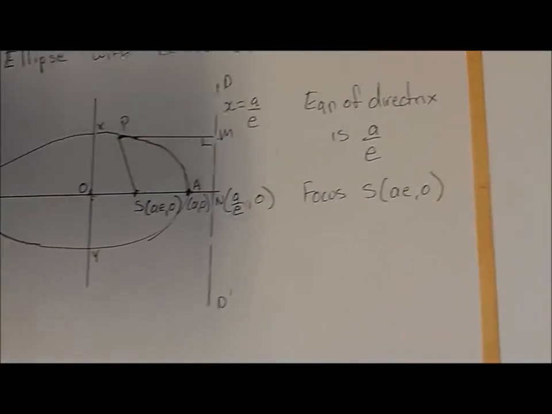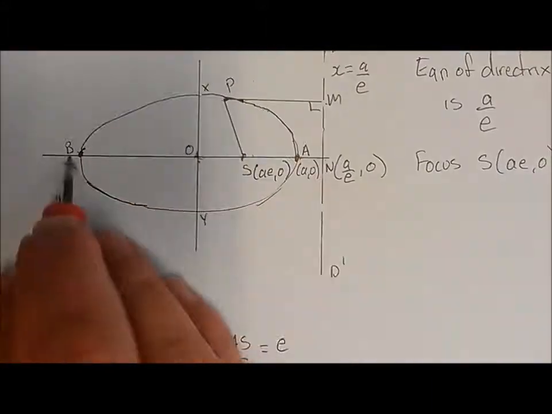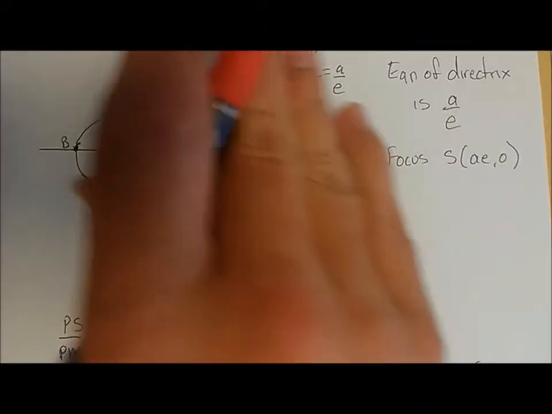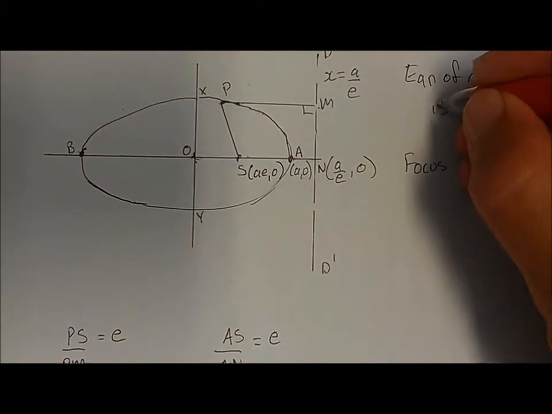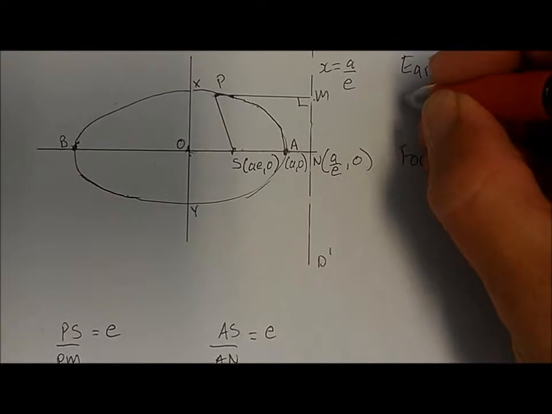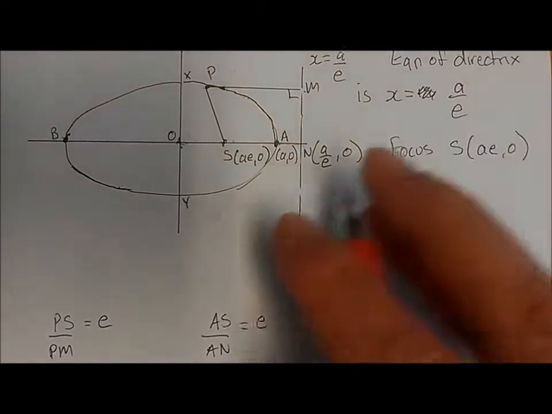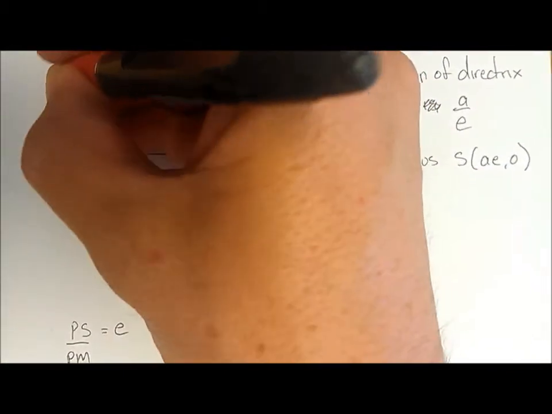Now, the ellipse has a nice little symmetrical property. So whatever's happening on this side, the same thing's happening on the other side. So if I've got one equation, sorry, that should have been x equals A over E. If I've got one directrix over here, I'm going to have another directrix over here.